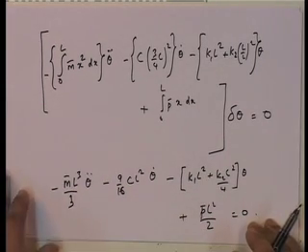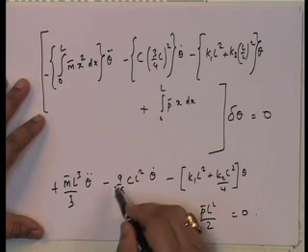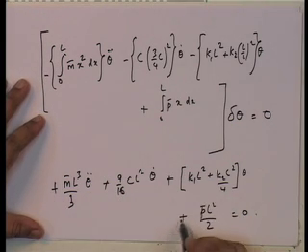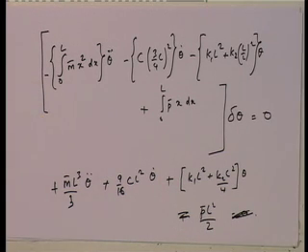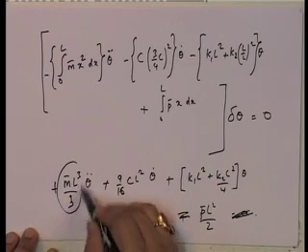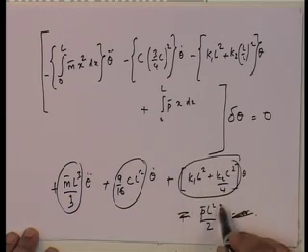And if I rewrite this, this plus this is equal to this. That is all I get. This is my m star, this is my c star, this is my k star, and this is my p star.